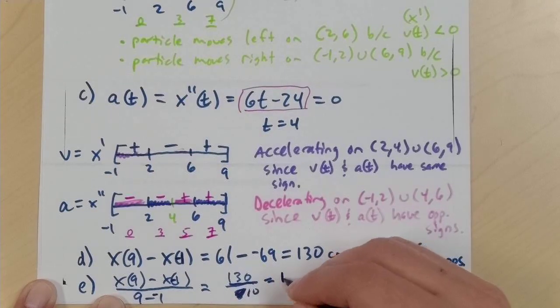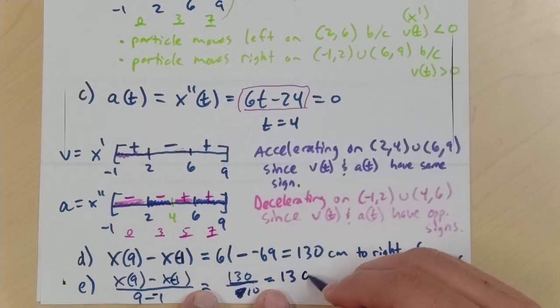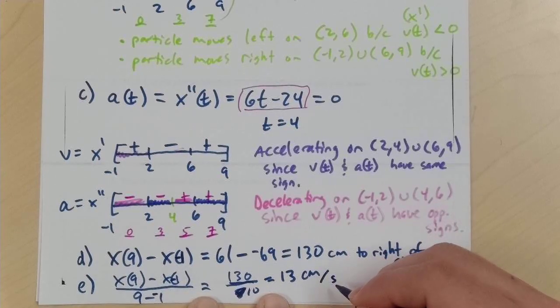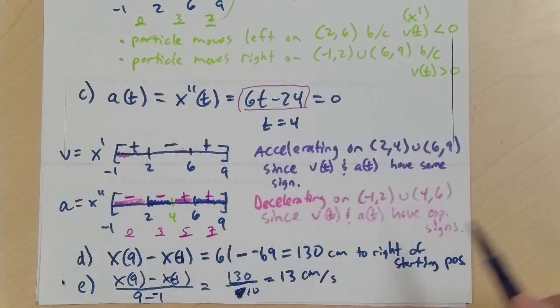And so that gives us 13, and this is centimeters per second. All right, so that's all the details when we talk about describing the motion.